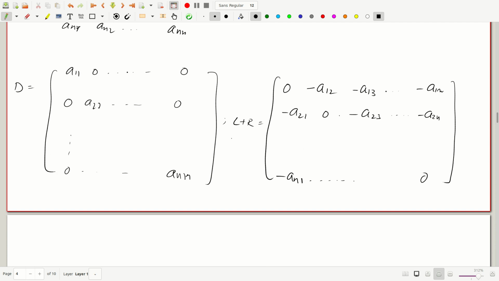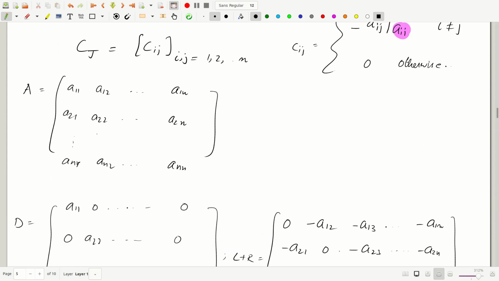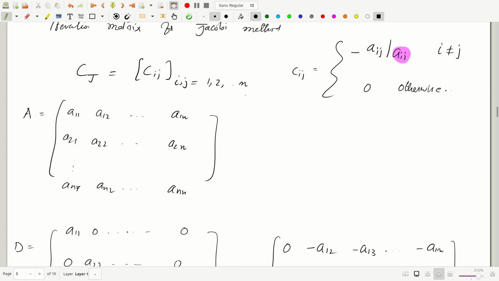By focusing on these two here, I can write X_i at any iteration k plus 1, the entire vector of x_i for i going from 1 to n, as follows. You have a division by a11, a22, that's basically a_ii, which will be divisible throughout.